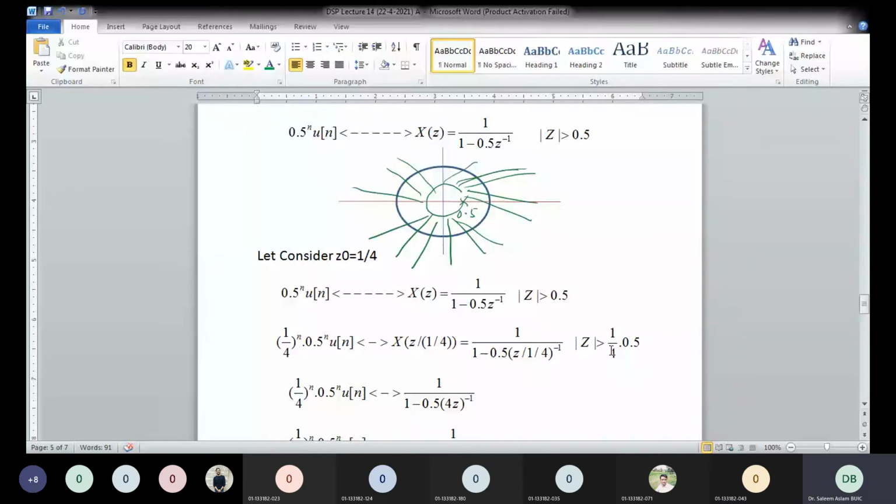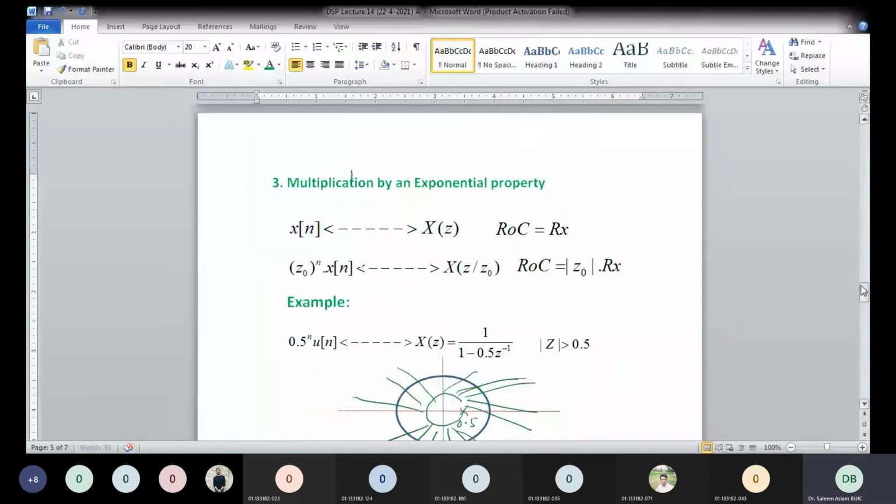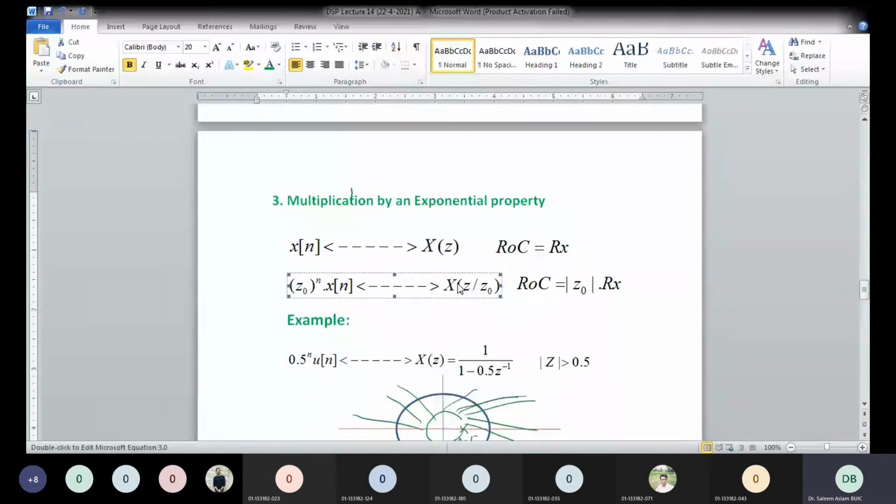And what will happen to the region of convergence? We will multiply this |z| greater than 0.5 with the z naught expression, right? So here let me copy this once more. इस expression से पहले मैं ये multiply कर देता हूँ.